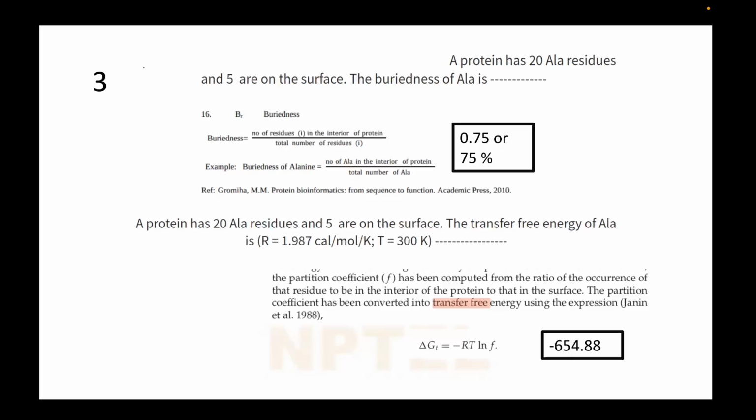Here we have the R value of 1.98 kcal per mole per Kelvin. Temperature is 300, into ln of 0.